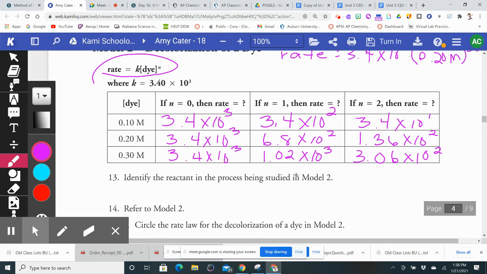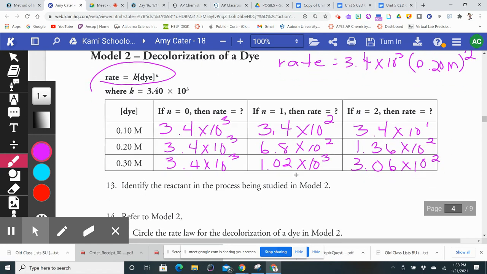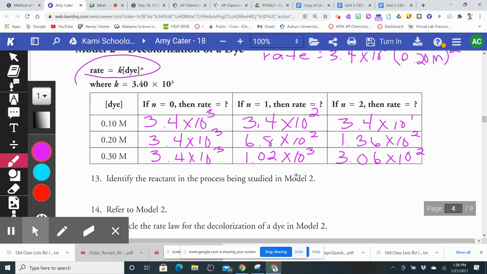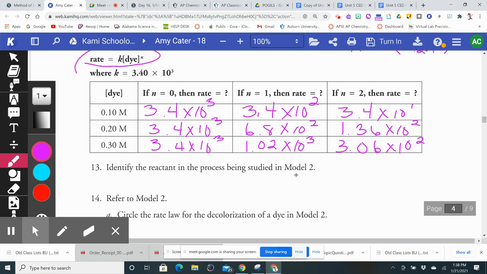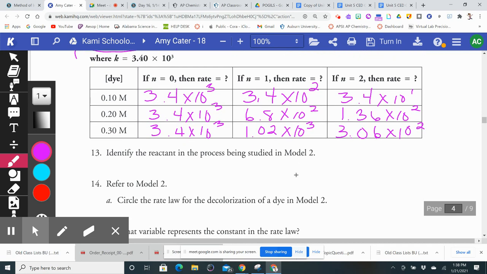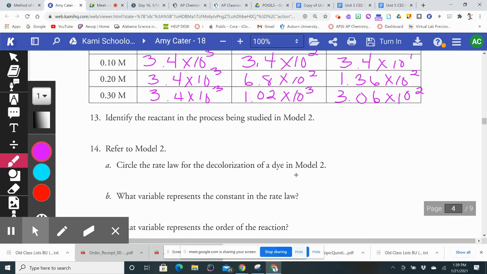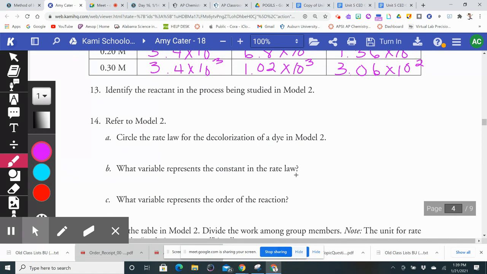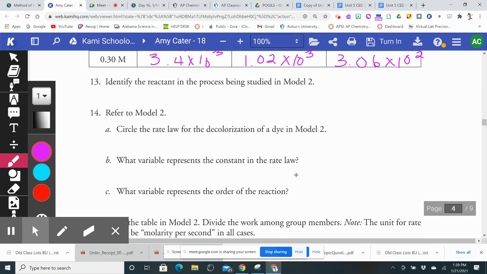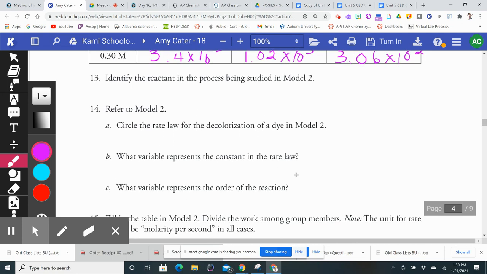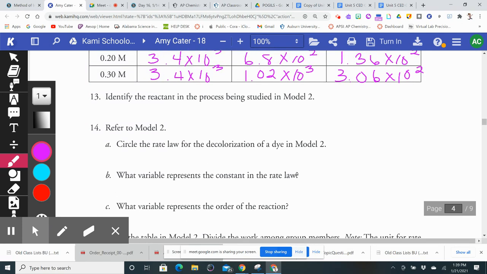What would the rate law be? And then B, what variable represents the constant? C, what variable represents the order?